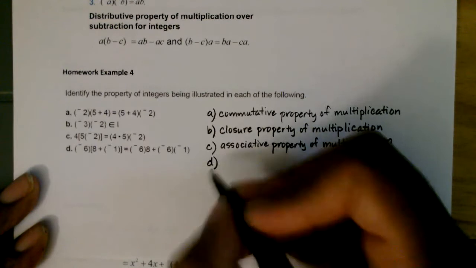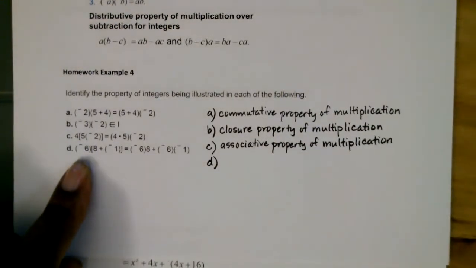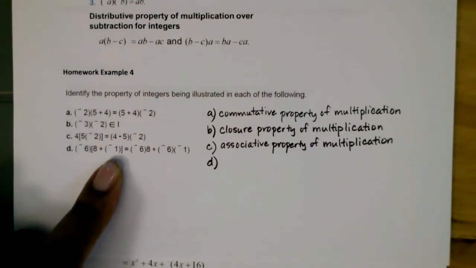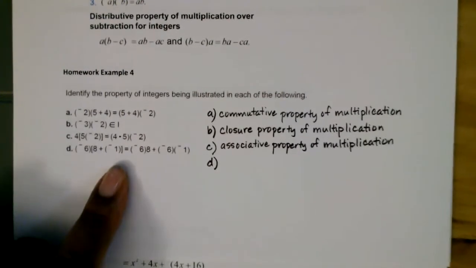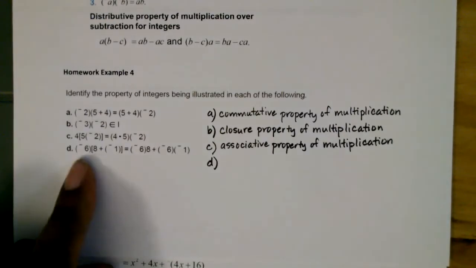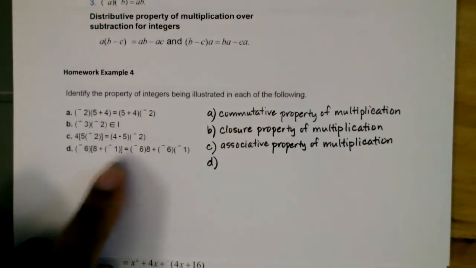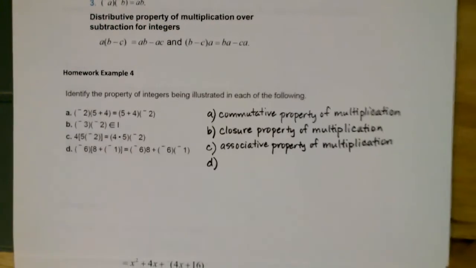And then part D, we got -6 times the quantity 8 plus -1. That's equal to -6 times 8 plus -6 times -1. Notice that the -6 has been distributed over the 8 and the -1 through multiplication.